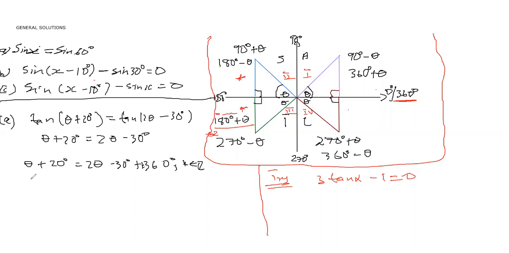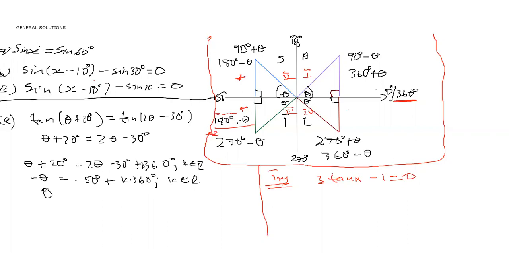Now I can do the grouping here, so I'm going to have minus theta, which is equal to, if I bring that this side, minus 50 degrees plus k dot 360, where k is an element of integers.